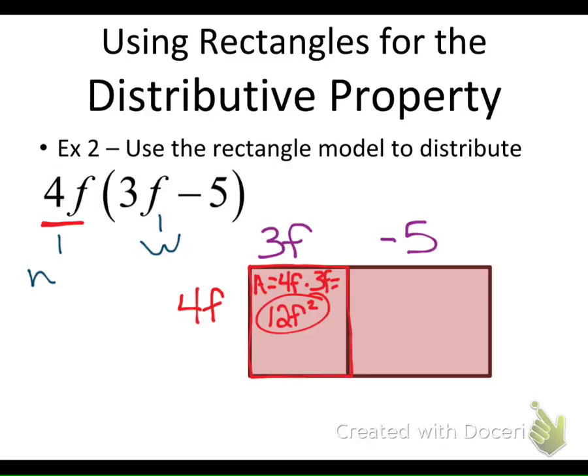Jemiah, what is my height for my second rectangle? 4f. Rihanna, what is my width for my second rectangle? -5. Very good. So now I'm going to multiply that 4 and that -5 together. What am I going to get for the area of this rectangle? -20f.